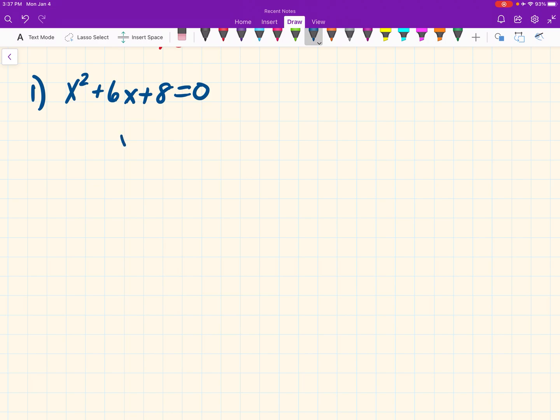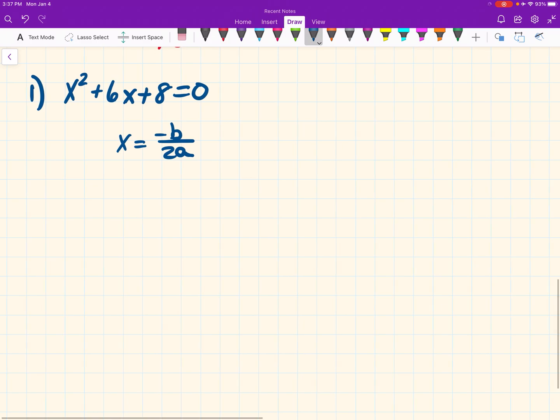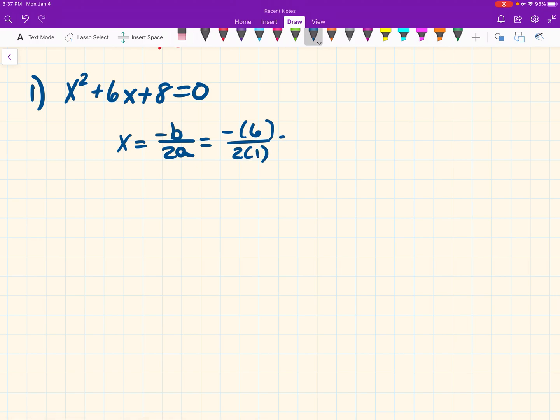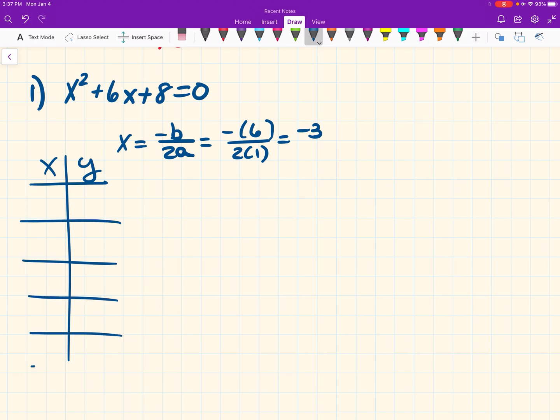Same thing as before. Negative b over 2a. So that's negative 6 over 2 times 1. And so that gives us negative 3 as our axis of symmetry. We're going to put that in the middle of our table, just like before. So negative 3, count up and down. And then I get my graphing calculator and fill in the y values.